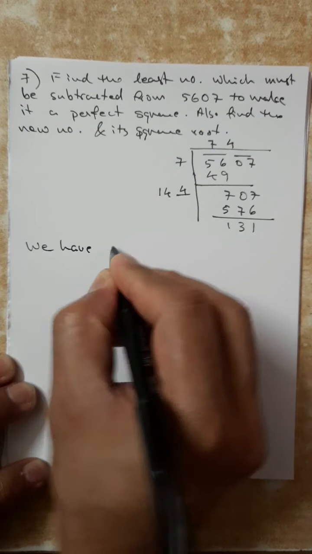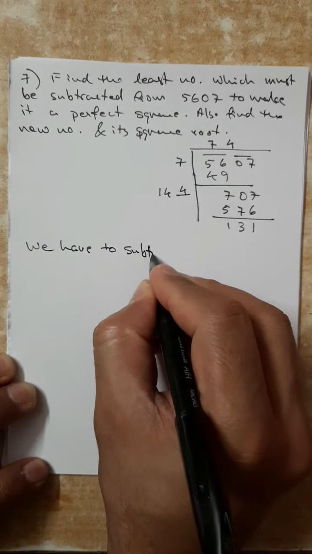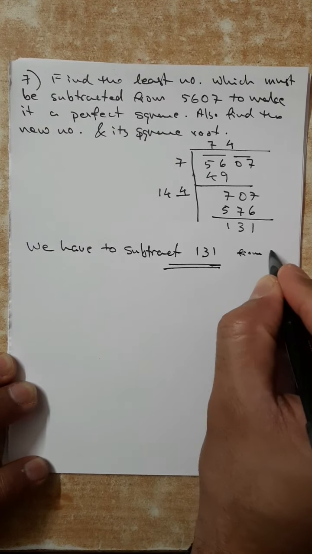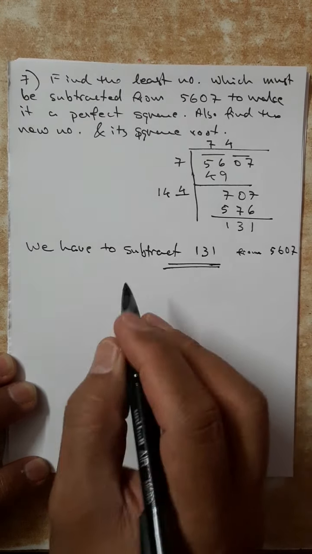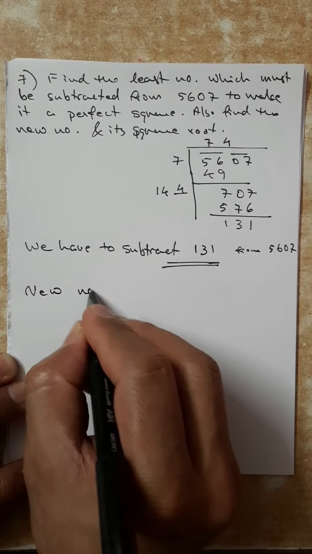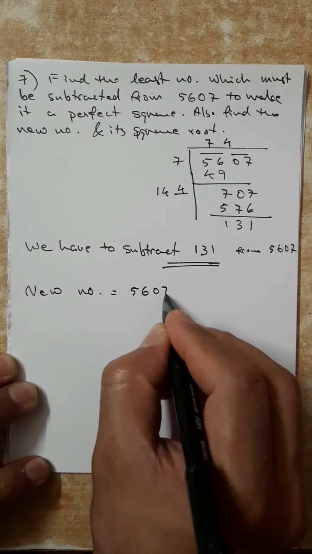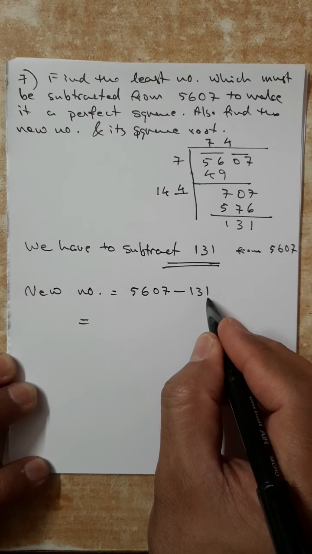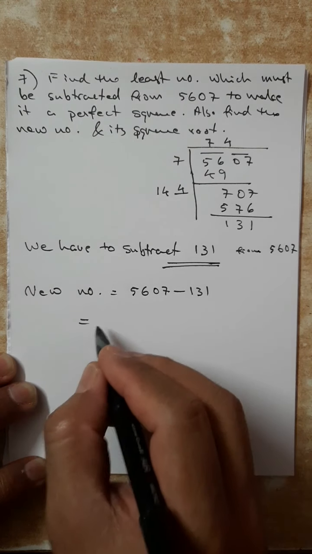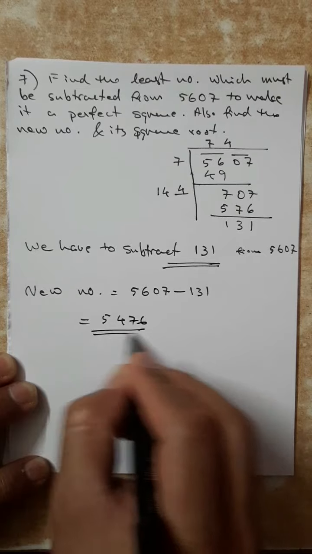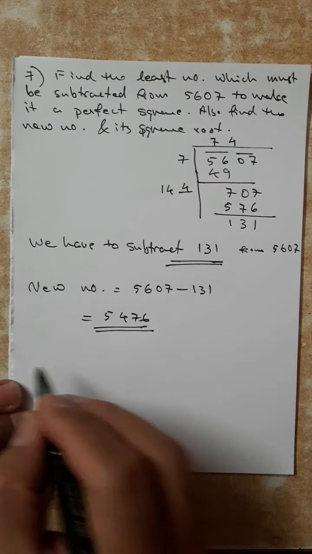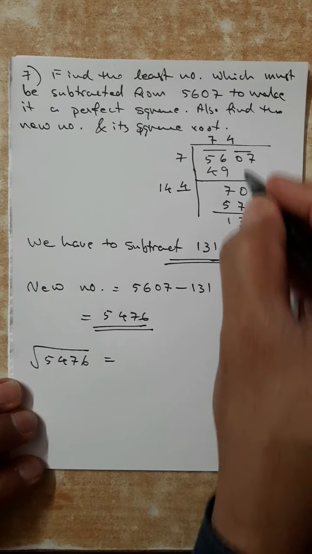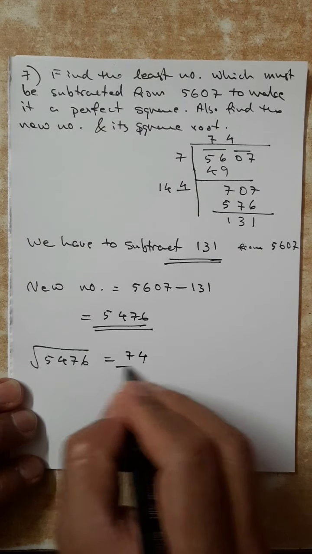We have to subtract 131 from 5607. New number: 5607 minus 131. How much? 5476. After subtraction, now the square root of that number 5476. No need of doing it again. The answer will be surely 74.